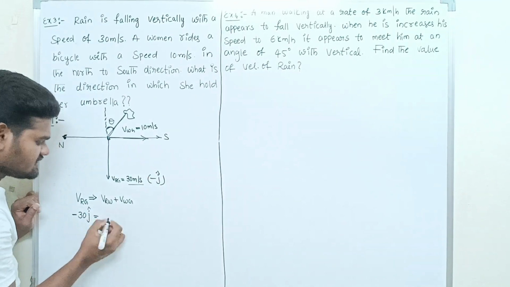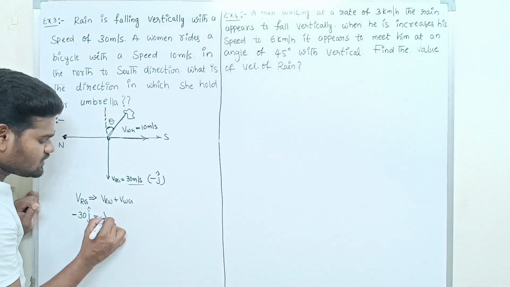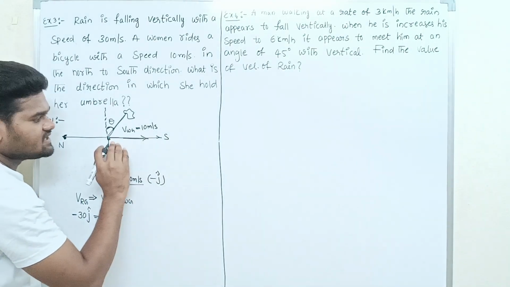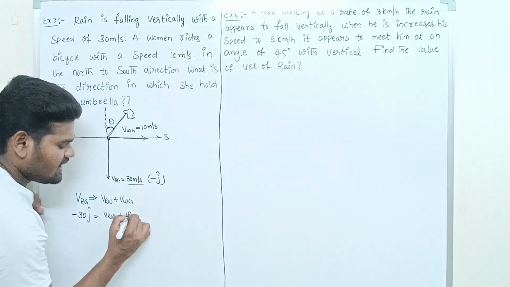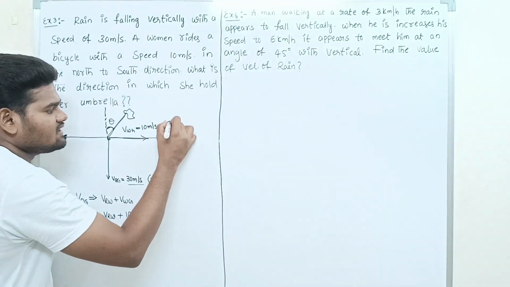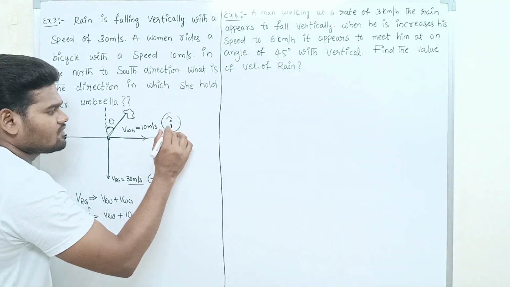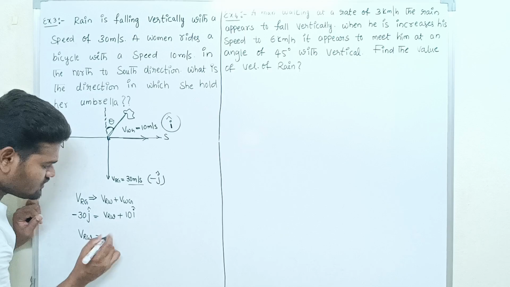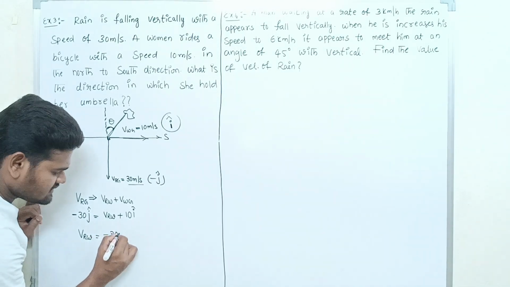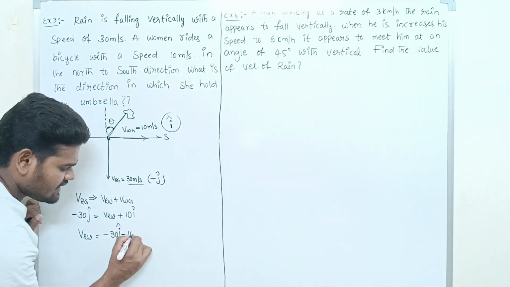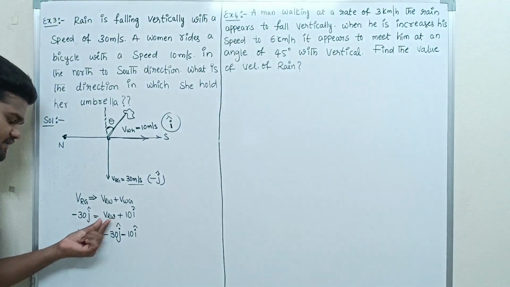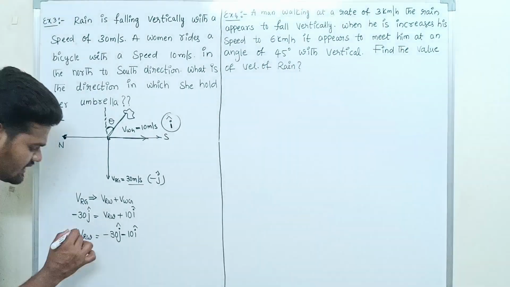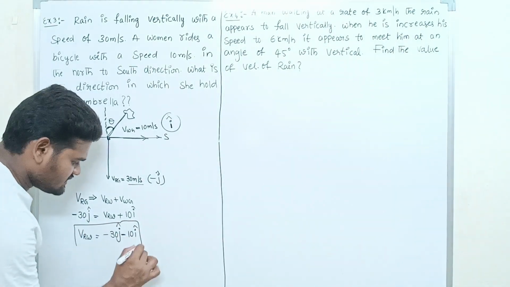That equals the velocity of rain with respect to woman, which we don't know; we have to find it. The velocity of woman with respect to ground: she is moving in this direction, so 10. What is the unit vector in this direction? Plus i cap. So the velocity of rain with respect to woman is equal to minus 30 j cap minus 10 i cap. So this is what we got.